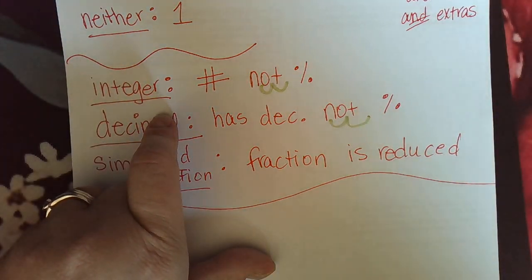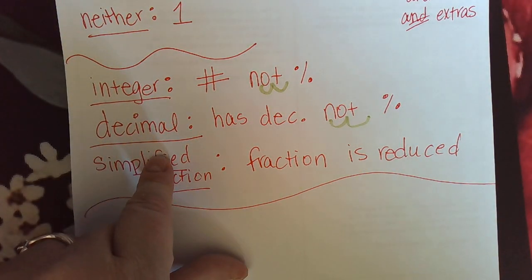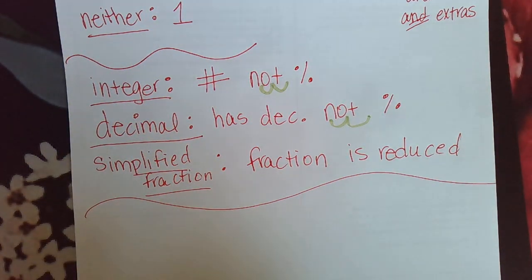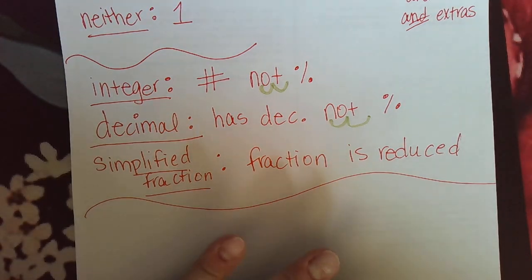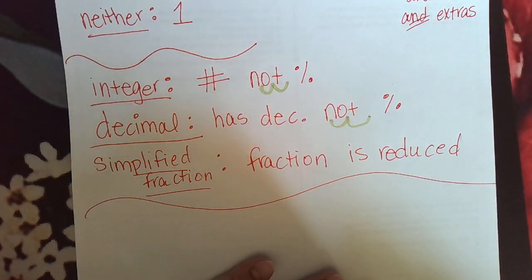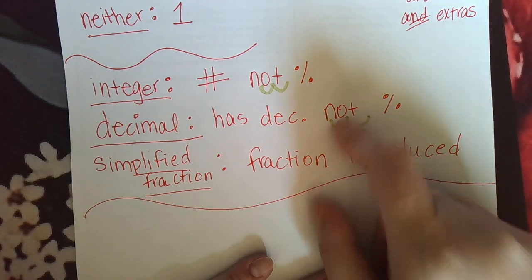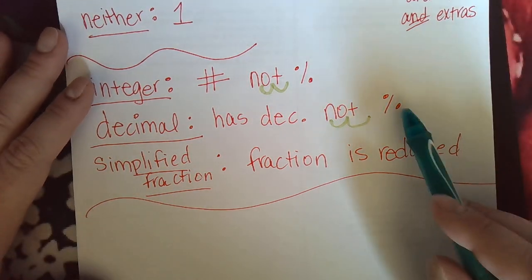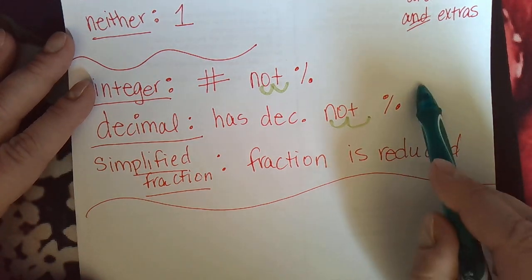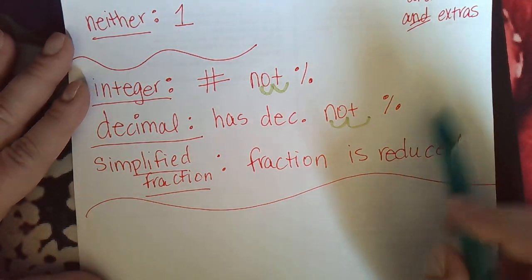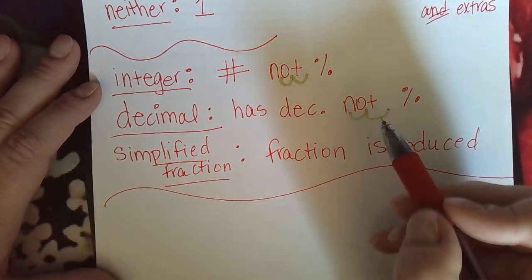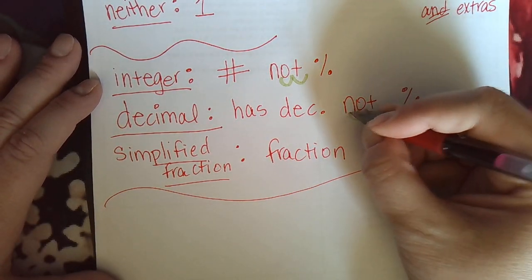So integers are whole numbers, decimals have a decimal point, and for simplified fractions you write down the smallest possible. You never type a straight percentage into your answer box. If you want to type a percentage, there better be a little percent symbol next to your answer box. All other times you have to move the decimal twice to the left.